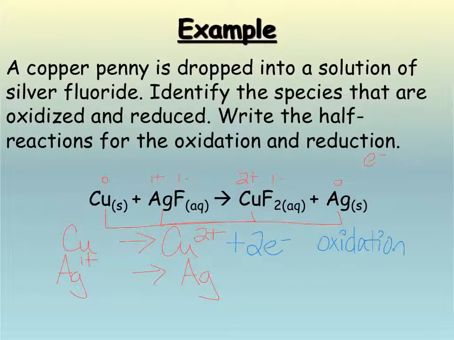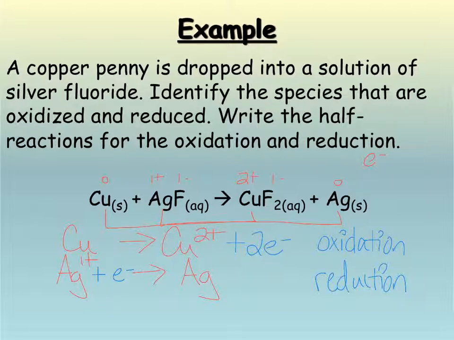Now my silver. This side over here is 0, and then we have a 1 plus. So I definitely need to add an electron over here. And because we are gaining electrons, that is the reduction half reaction. All right, so all my atoms are balanced and my charges are balanced.